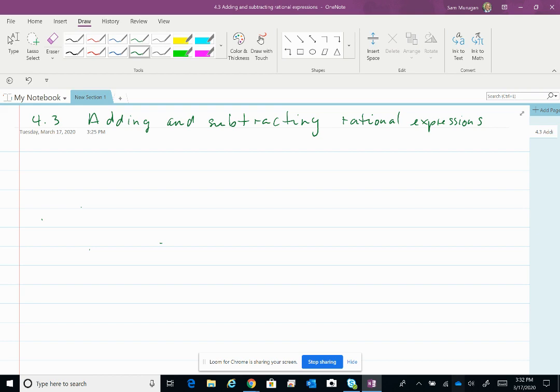So far, remember, we've simplified rational expressions, but multiplied and divided rational expressions. Now we're talking about adding and subtracting rational expressions. We're going to deal first with same or like denominators.